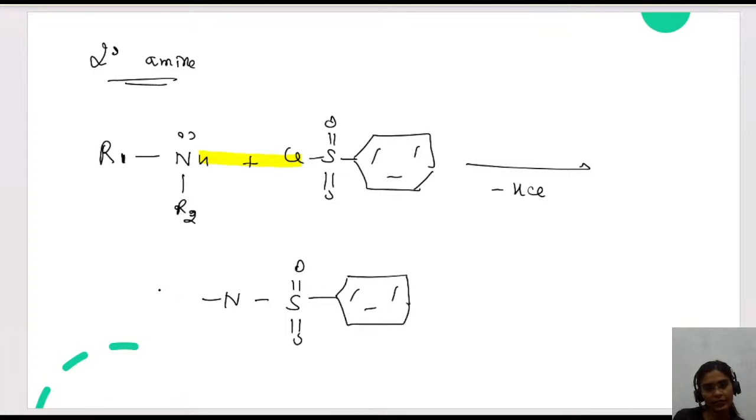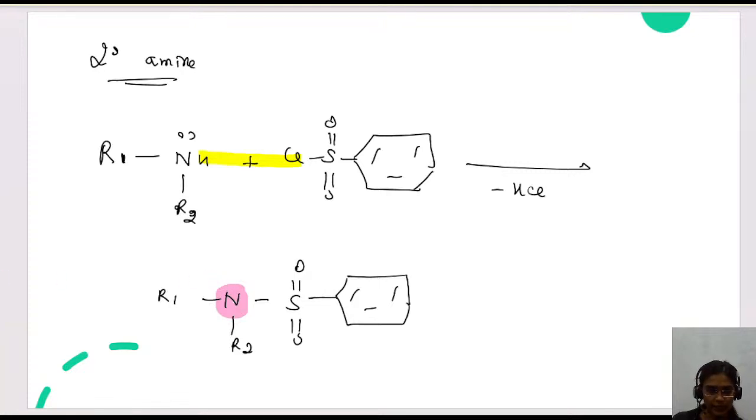Like this, and this is some R and this is some R2. Something may strike your mind again: from there to there, there were two hydrogens. Now it has become zero hydrogen. The previous one went from two hydrogens to one, and now two becomes zero.